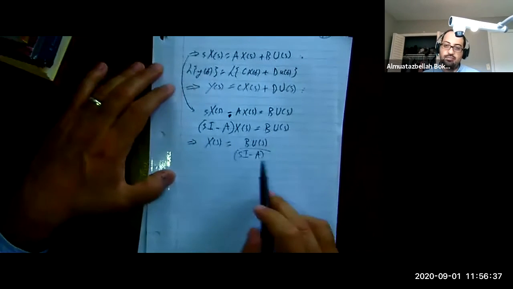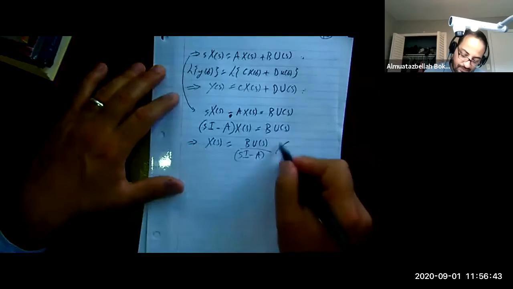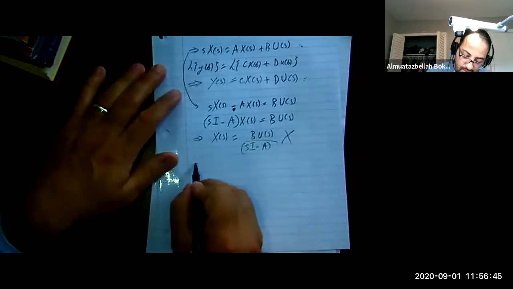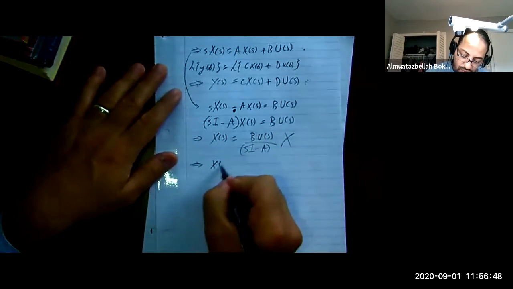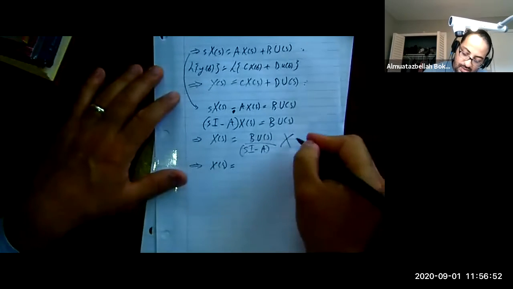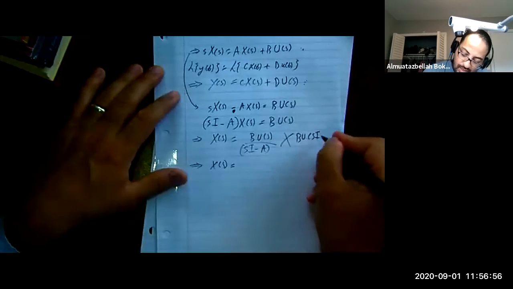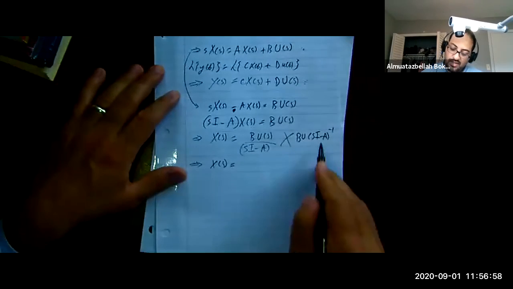Is this correct? No. Why not? It's a matrix. Exactly. So this is not correct. How about this: X of s equal to B U (sI minus A) inverse. Is this correct?